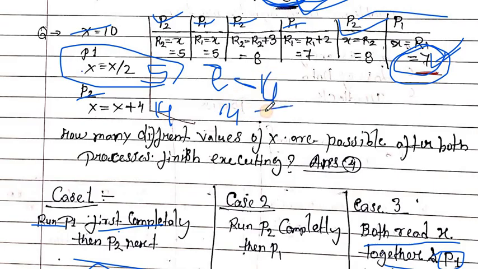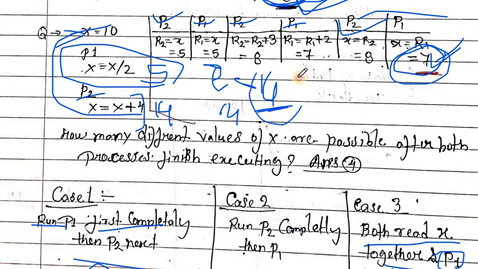So the final value of x is 14, because P2 finished last, so the change is done by P2 in the end.